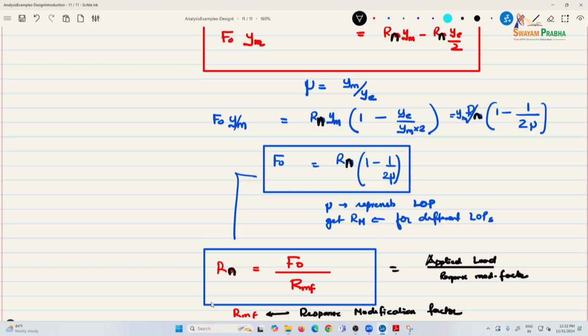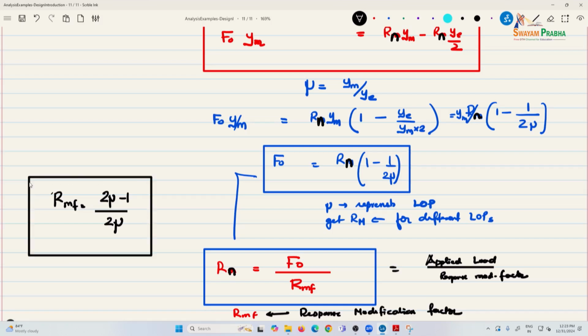Once you have Rn, you can design a section, right. That is all we need. This is for an impulsive system. So, for an impulsive system, RMF is equal to 2 mu minus 1 divided by 2 mu.